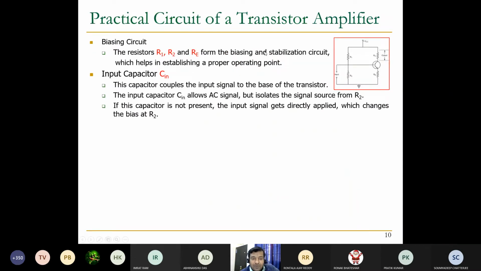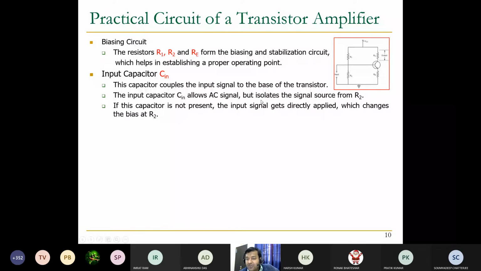So what is the role of the input capacitor? This capacitor couples the input signal to the base of the transistor. The input capacitor allows only the AC signal. Otherwise, the DC signal would pass through this path, and then the circuit will not work properly.